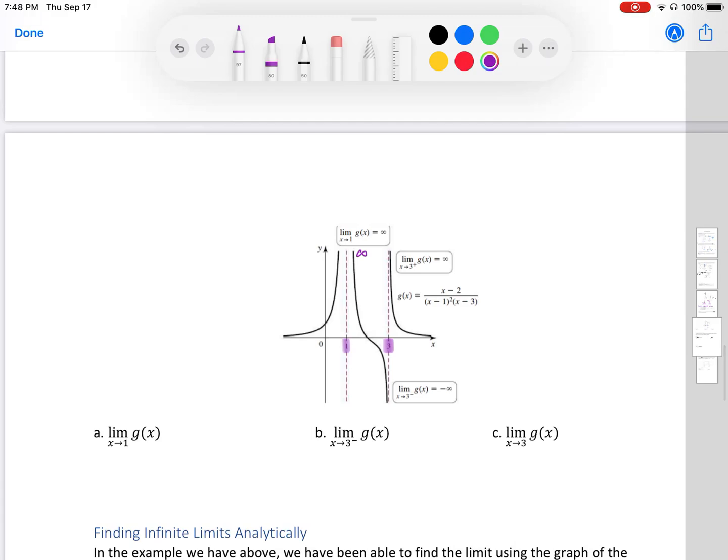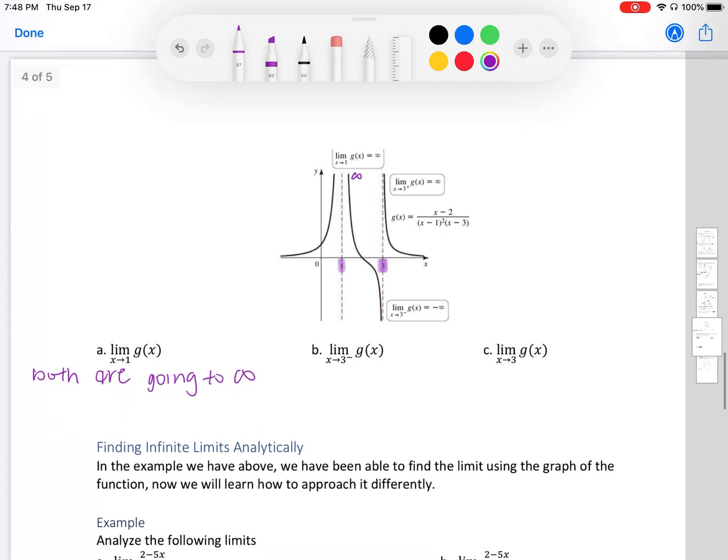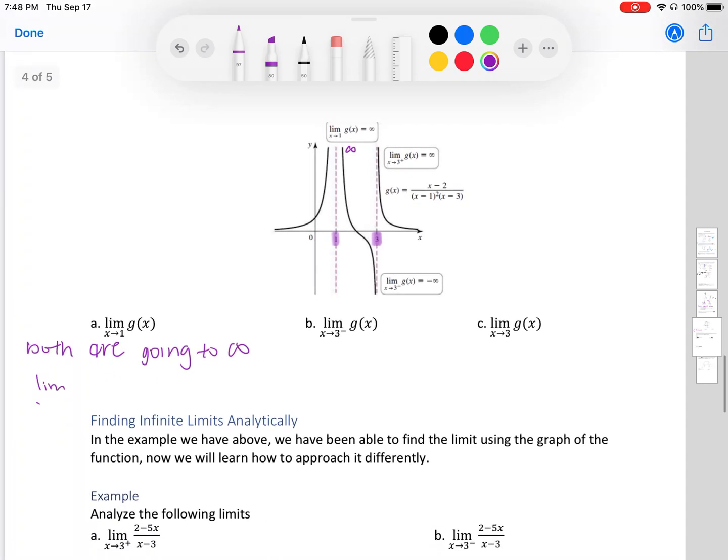So our first answer is the limit as x approaching 1 of g of x is going to equal infinity, because both parts of our graph go up. So our answer would be the limit as x approaching 1 of g of x equals infinity.